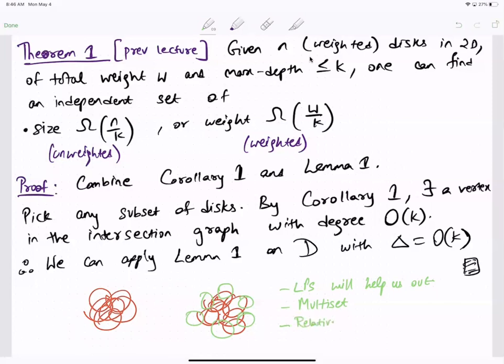Relative to the largest independent set, the depth will then be small, so you can happily apply theorem 1.